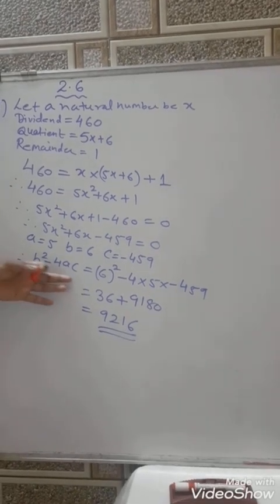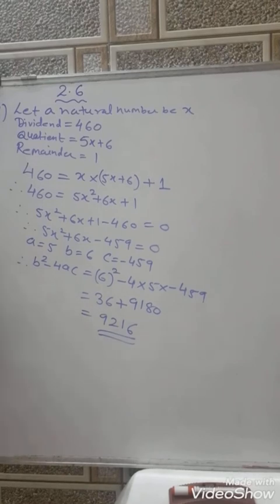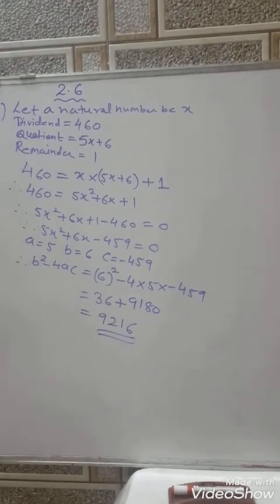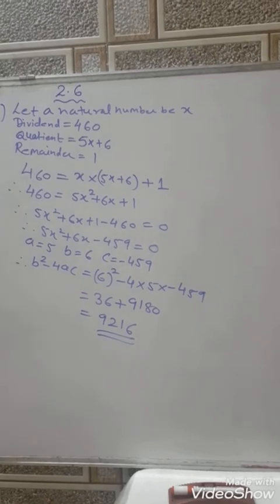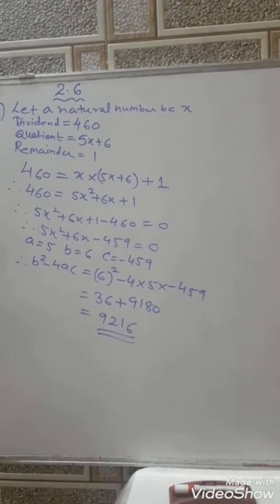So B square minus 4AC is 9216. Now we use the formula.